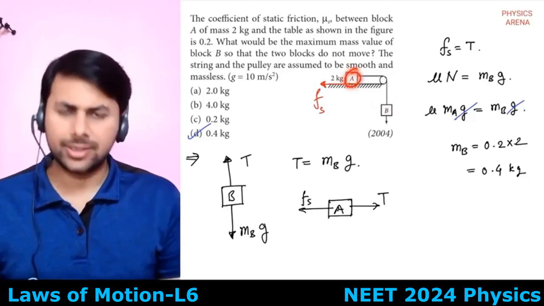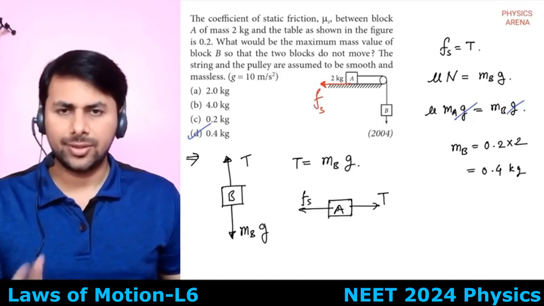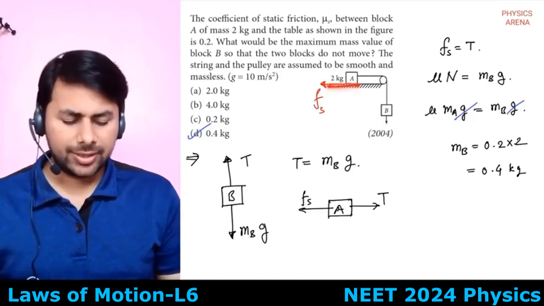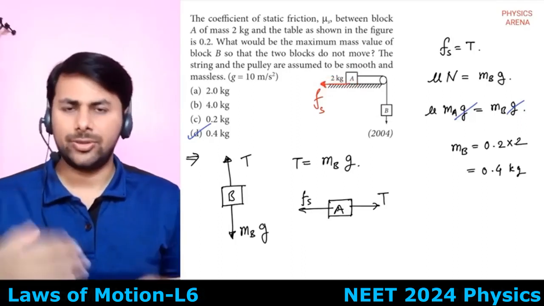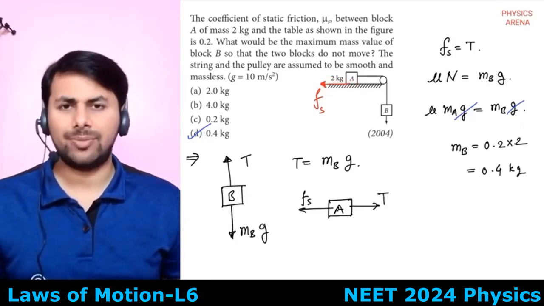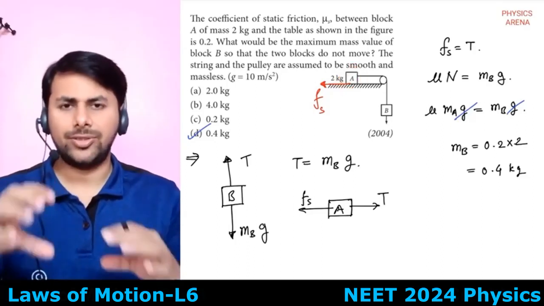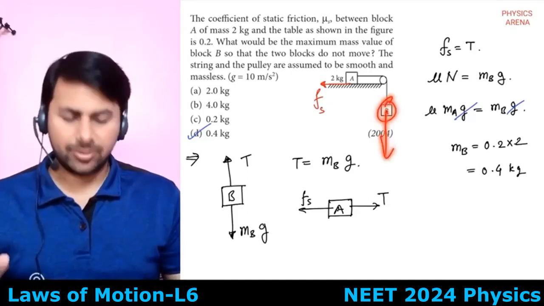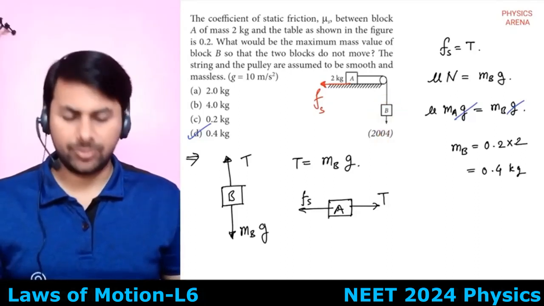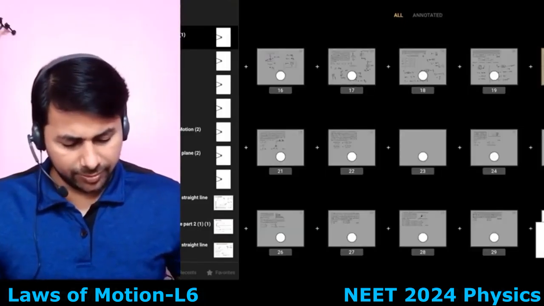You have some mass on this side, some mass on the other side. If there is some friction, there will be some force on this side. First of all, suppose there is no friction. Then what will happen? It's like you have just two masses and a downwards gravitational force.